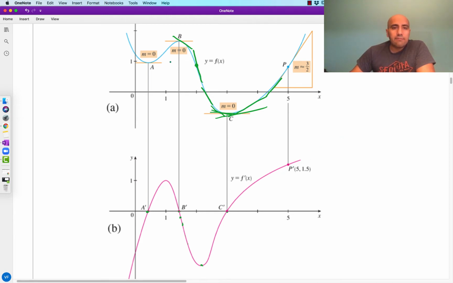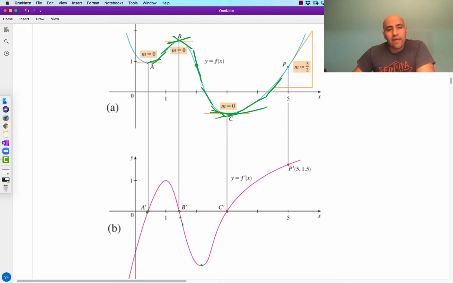Good. In between point A and B, all of these tangent lines that connect this way are also going to be positive slopes. So a small positive, bigger positive, bigger positive. We reach the biggest positive slope somewhere near the middle here, and then it comes down again and we go back to zero. And that's what this is describing.